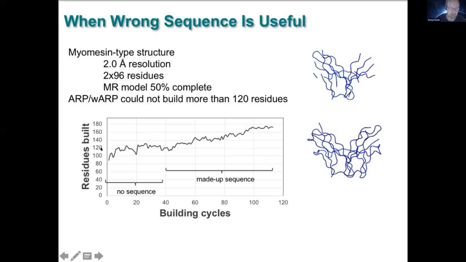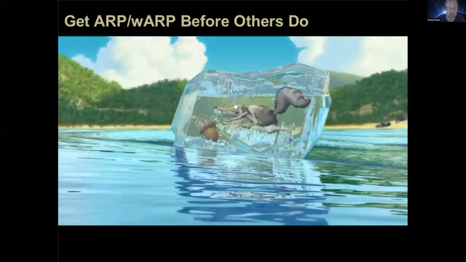Building the model with no sequence wasn't really very successful, but here I took an effort, went manually through the density, made up the sequence very imprecisely, big, small, and periodically was updating the sequence. It converged to the correct sequence, and an almost complete structure was built. So basically, having a side chain which is not necessarily correct is better than having a correct one that is removed or placed in a different location.